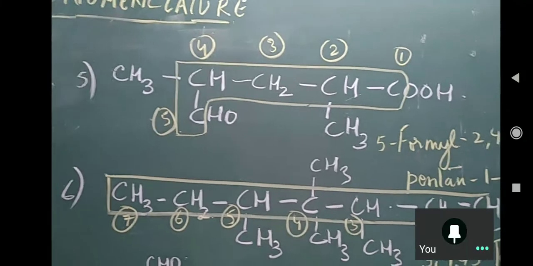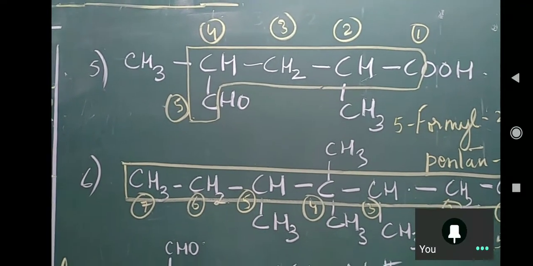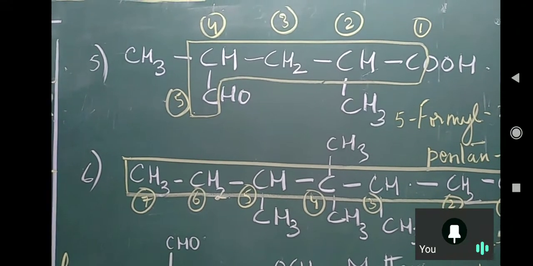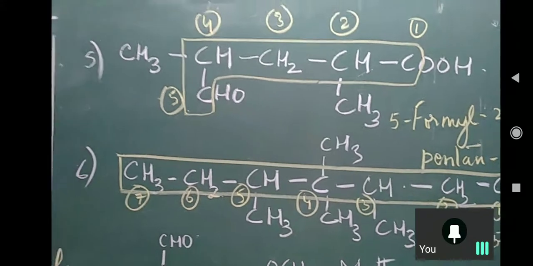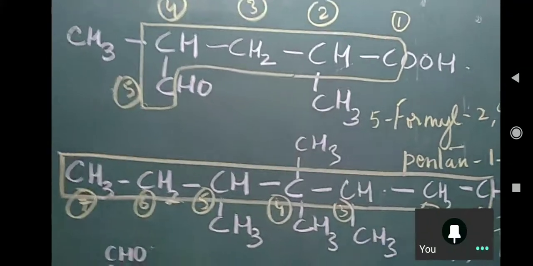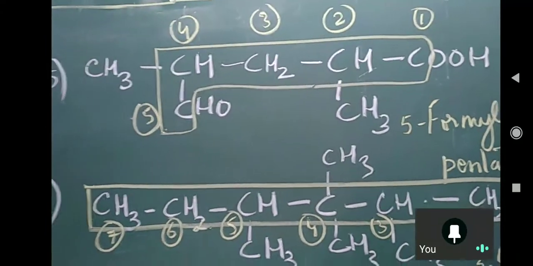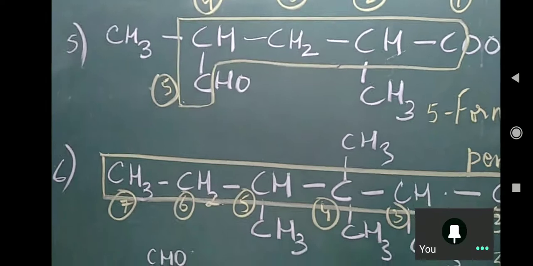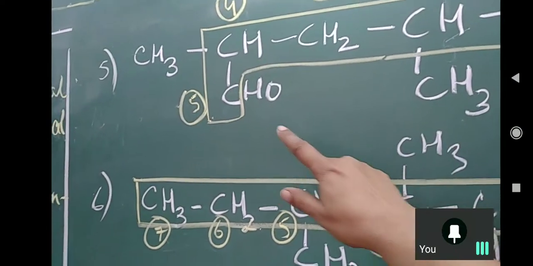Okay. We have five carbon atoms. The fifth one you will copy down. We have five carbon atoms in a chain. Then what I have numbered as the fifth carbon atom is having what? COOH group, right? This carbon atom, COOH group, which is, and this one is CH3 and that one is CHO.